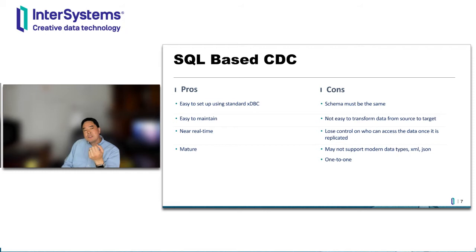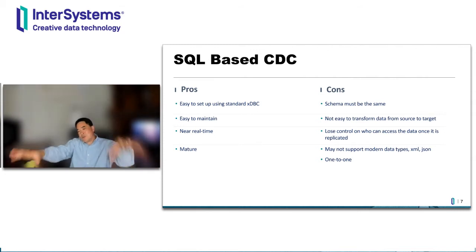Then the limitations of SQL-based CDC are primarily this: the schema on both sides must be the same. If you have so many fields in SQL source A, or down the table, the account table, you must have exactly the same schema in the other one, no matter which one is IRIS, which is Oracle.